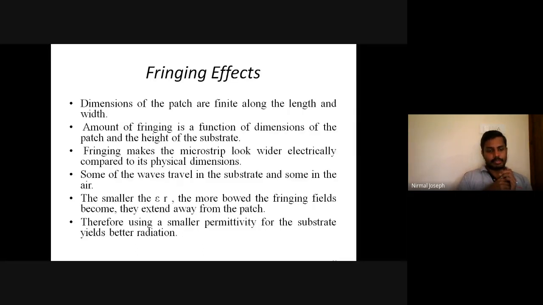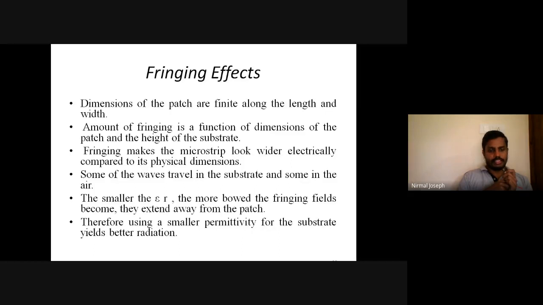We have a microstrip antenna located on a substrate. The waves which the antenna emits are supposed to travel through the substrate because the field lines are provided through the substrate only. But some of the waves will travel through the air and then come to the substrate. The smaller the relative permittivity or dielectric constant epsilon r, the more bowed the fringing fields become; they are extended away from the patch.